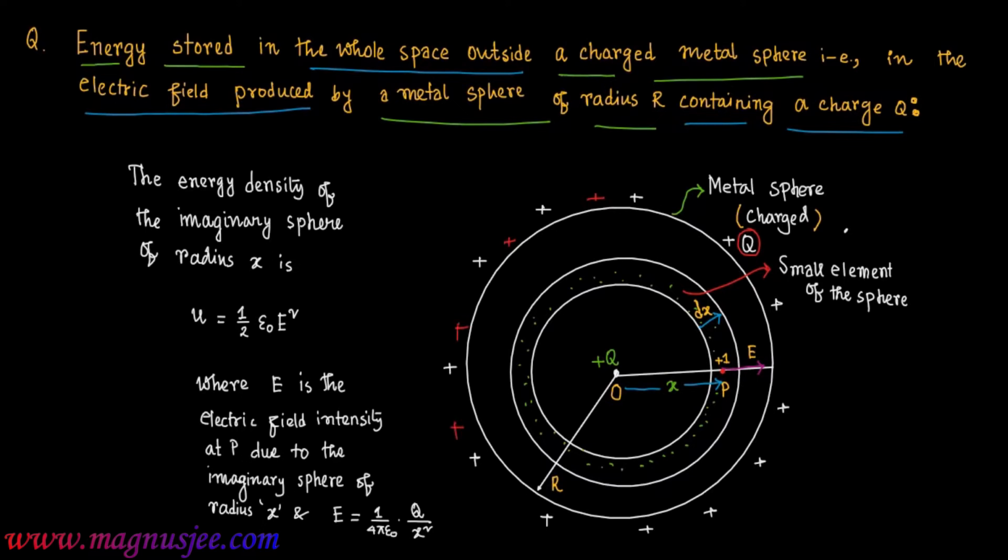Though the charge plus q exists on the surface of the metal sphere of radius capital R, it can be assumed to be concentrated at the center O. The electric field intensity E is the force experienced by a unit positive charge at the point P. Therefore, at P, E equals 1 by 4 pi epsilon 0 q by x square.